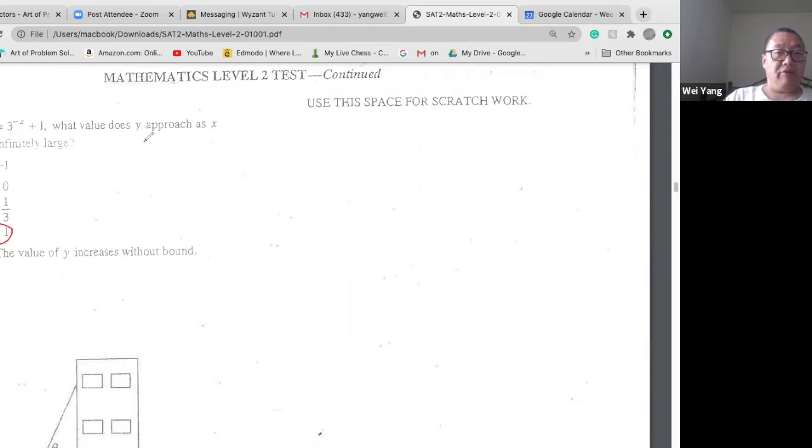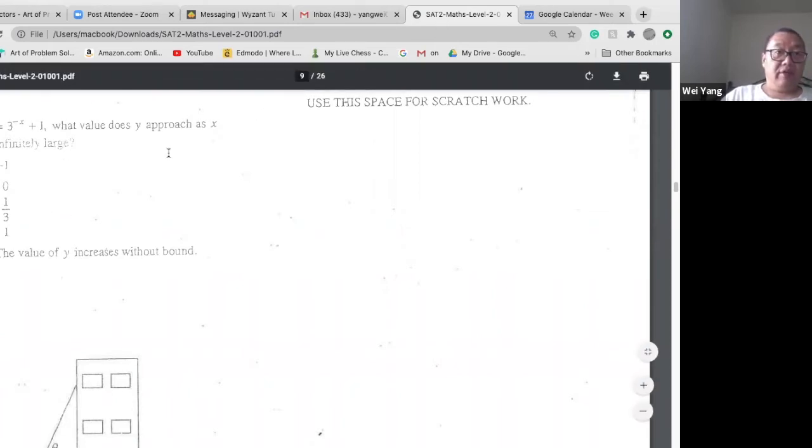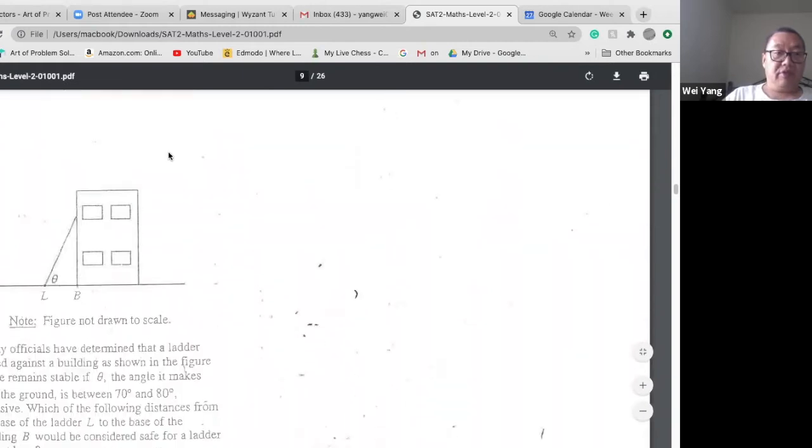What value does y approach as x approaches infinity? Yes, then when x approaches large, the negative x will be negative infinity. 3 to the negative infinity will be 0, then plus 1 equals 1. This one's correct.